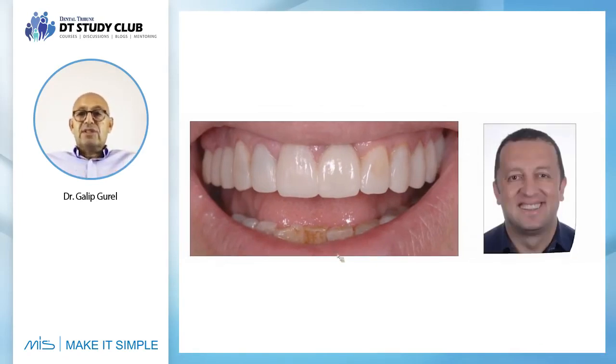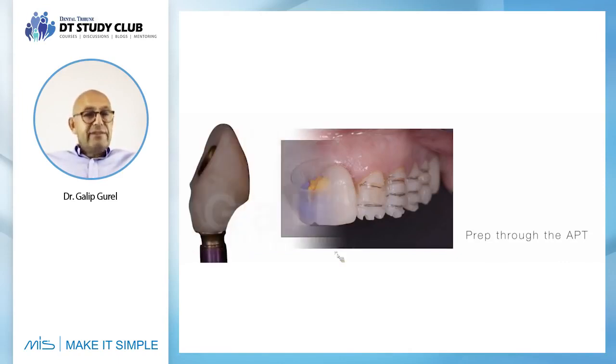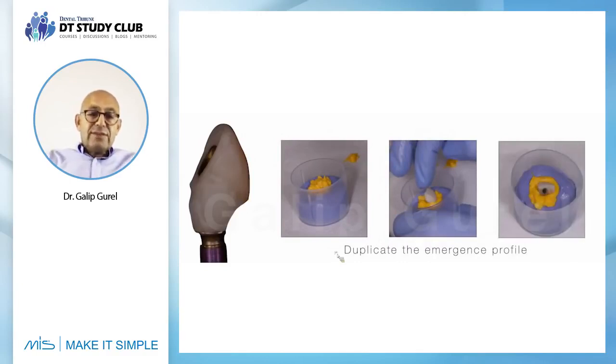solid position. So from here on, always the same for myself, prep through the APT. I'm just prepping through the APT regardless if it's an implant, veneer, or whatever. And then I needed to transfer this beautiful shape into my impression.